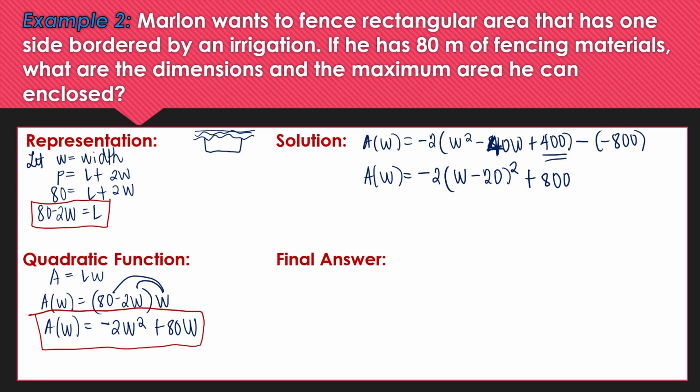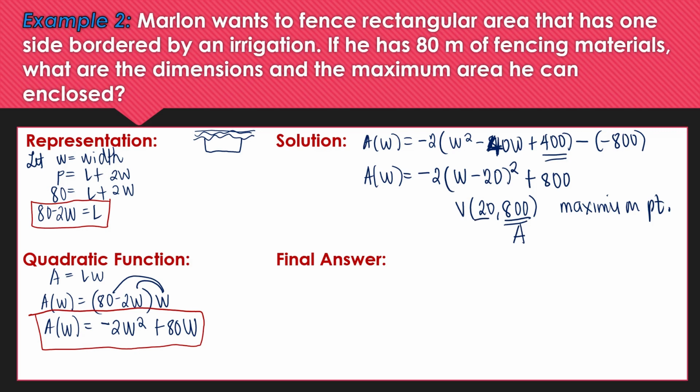Now, going back to the vertex, the vertex is at 20, 800, and this vertex is a maximum point. According to the problem, what are the dimensions and the maximum area he can enclose? The value of k, which is 800, is the maximum value, so this is the maximum area.